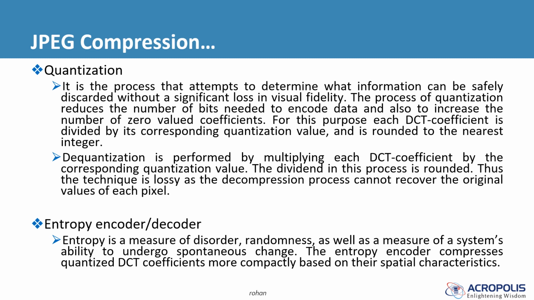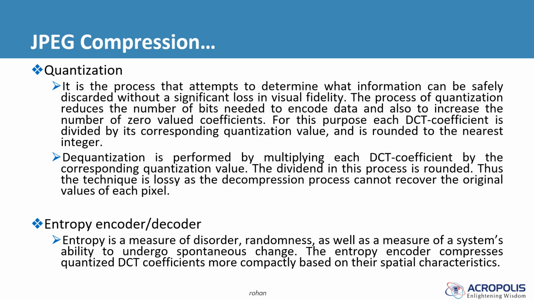Dequantization is performed by multiplying each DCT coefficient by the corresponding quantization value. The dividend in the process is rounded. Thus, the technique is lossy as the decompression process cannot recover the original value of each pixel.